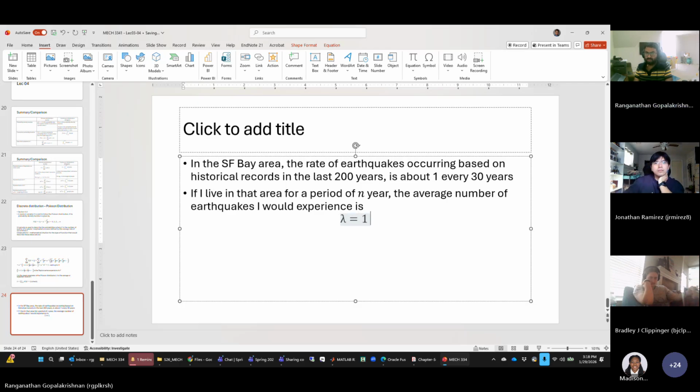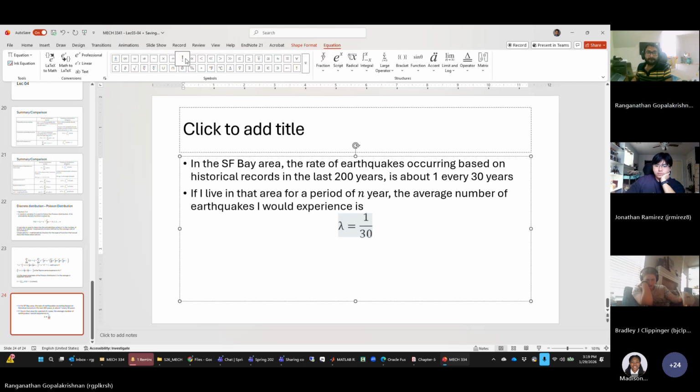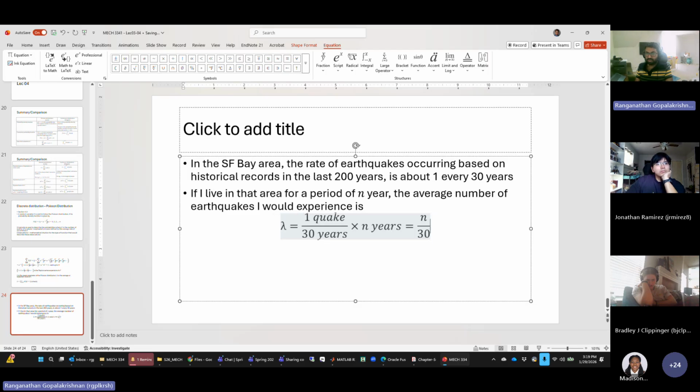One quake, sorry, lambda equals 1 divided by 30 times n years. So the reason I write it this way is 1 quake divided by 30 years times n years, which will make this n divided by 30 quakes.